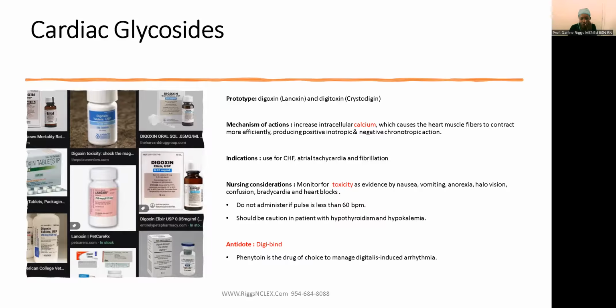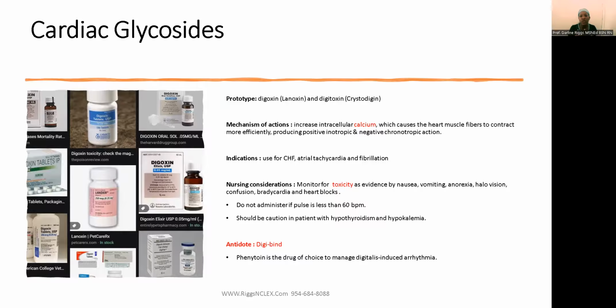What's the mechanism? You need to remember that digoxin increases the calcium inside the cell. There's another electrolyte we're going to talk about in a moment that's important, but as far as the mechanism of how this drug works, it's with the calcium. It's going to cause the heart muscle fibers to contract better, more effectively, by producing a positive inotropic and negative chronotropic action.